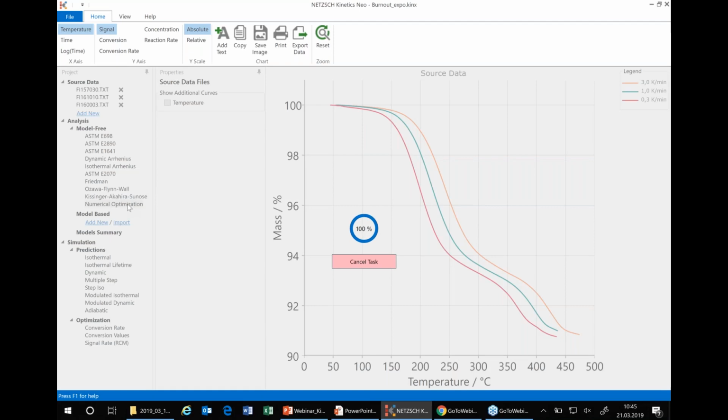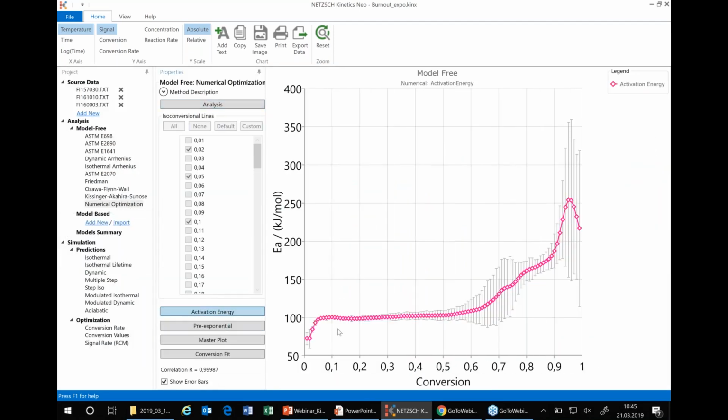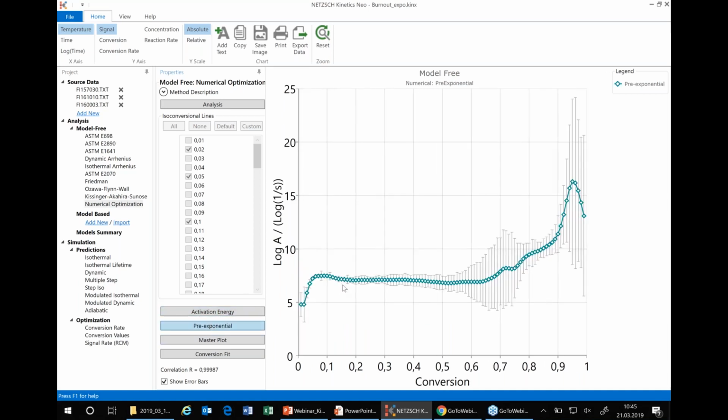Such things are independent of time and temperature. Now we have activation energy, which is at the beginning of the process 100 kilojoule per mole, and at the end of the process 250 kilojoule per mole. Pre-exponential factor is from 7 to 17.